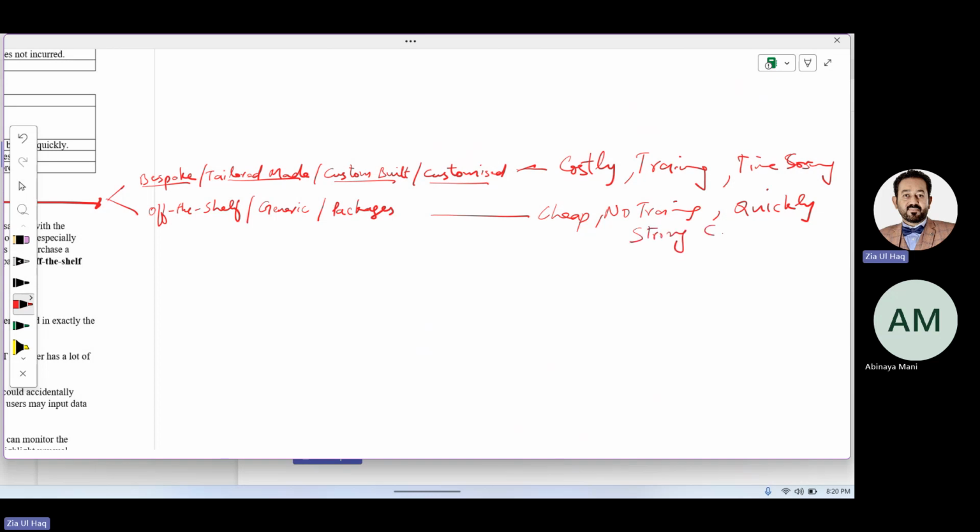Meaning there is no issue because in the updated version the problems have been resolved fully. QuickBooks, Xero are packages. QuickBooks, Tally, ERP, Microsoft Excel, they are off the shelf generic packages.